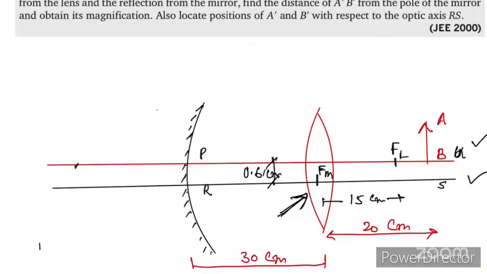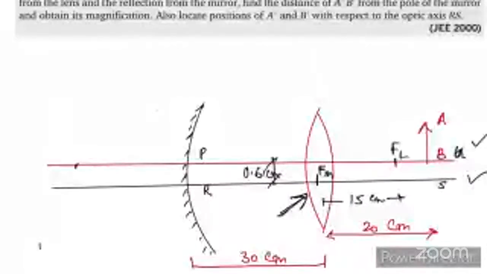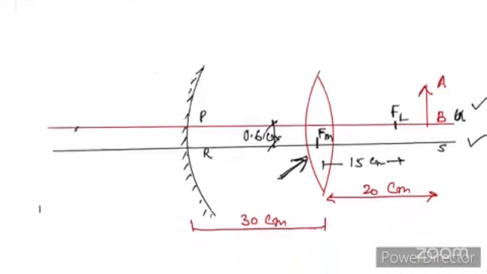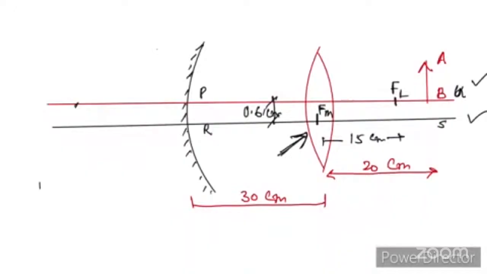So let us see how the image is going, and that image will act as an object to the mirror, and then you will get a final image. As we have seen such type of questions, the main formula is 1 by F is equal to 1 by V minus 1 by U. And with this formula, we can find out what is the distance of the image formed by the lens.